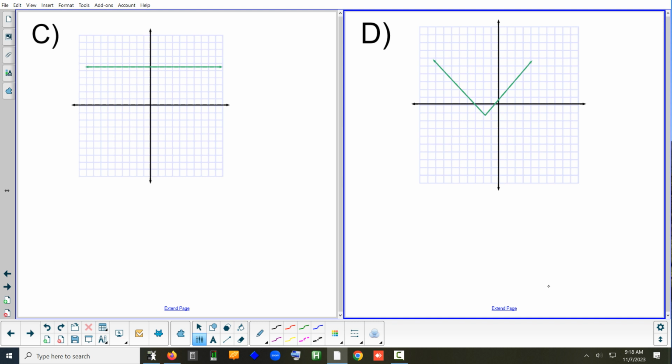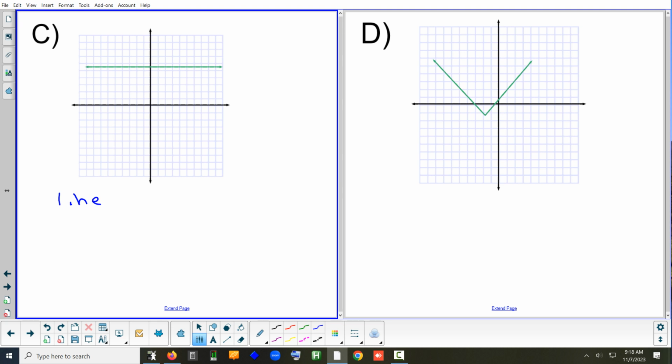Can you be more specific? It asked us to do a little bit more than that. It's a linear function. So it's really asking us for two things: is it straight, and does it pass the vertical line test? So that's a linear function.